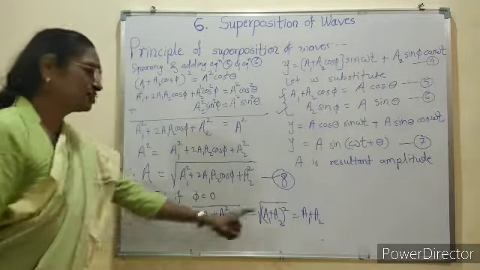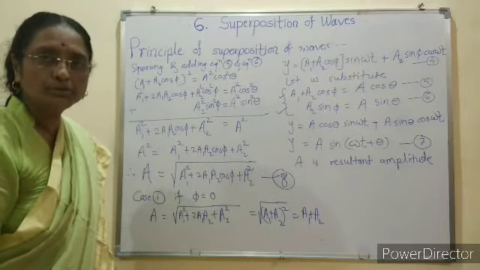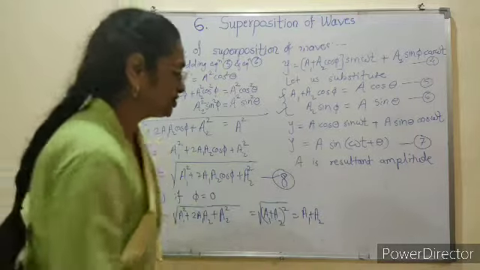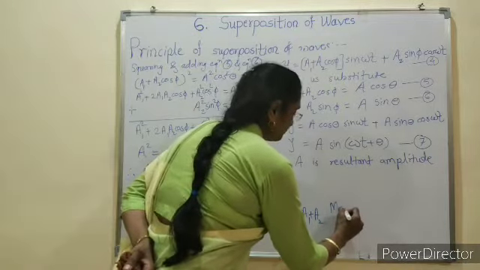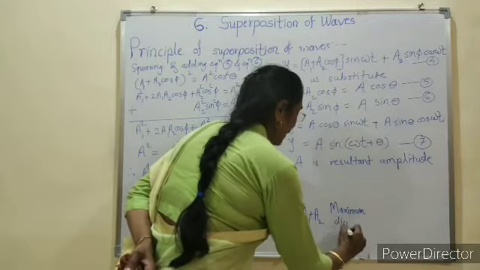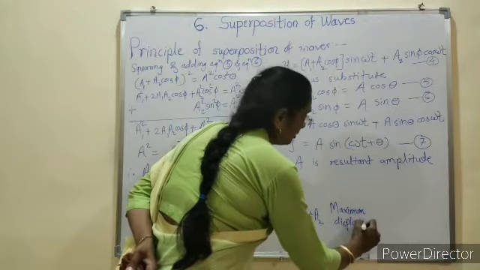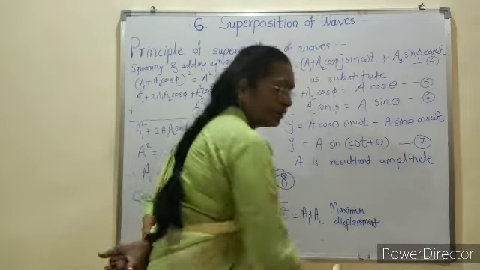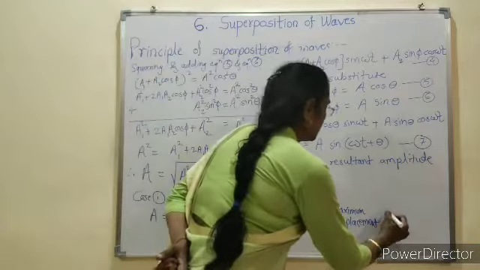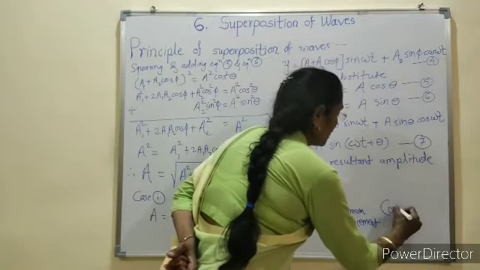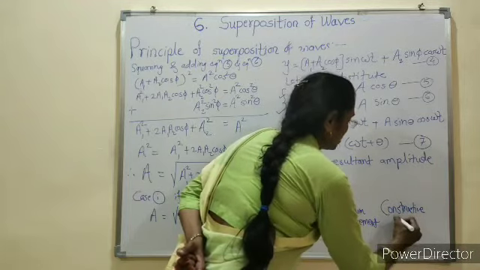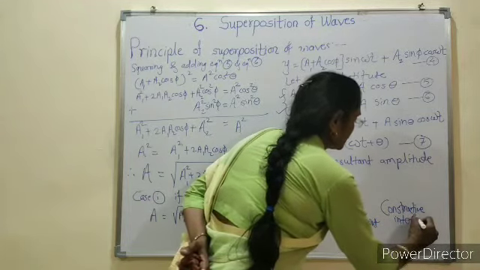The resultant displacement is the addition of the two individual displacements. So this is the maximum displacement, and the effect we observe is known as interference, which is constructive interference.